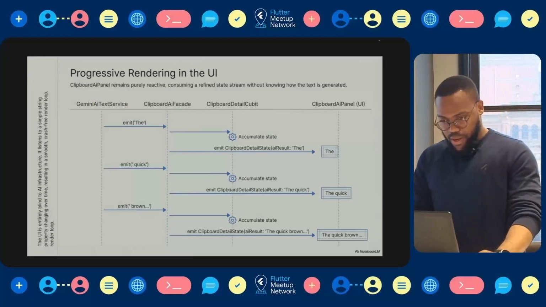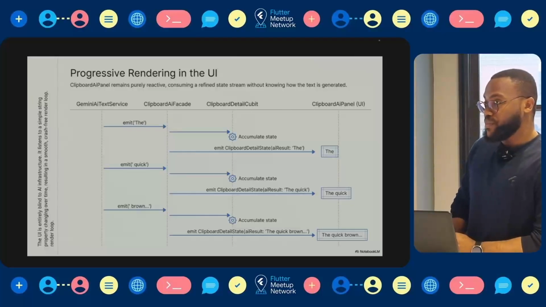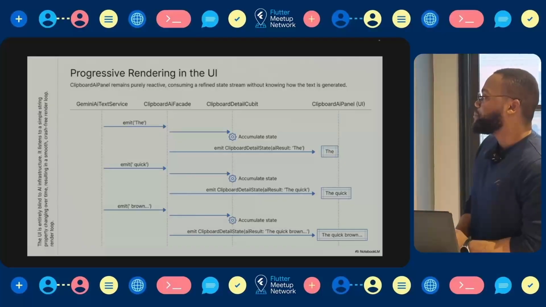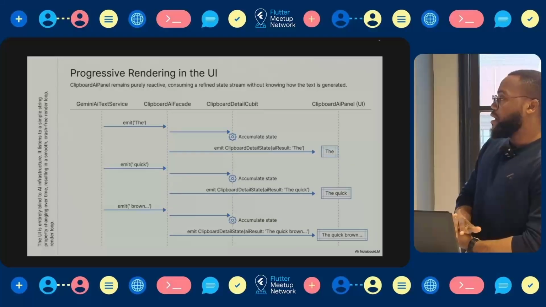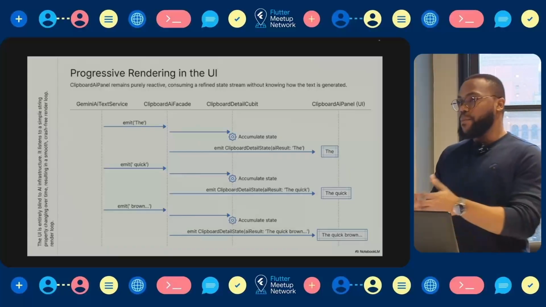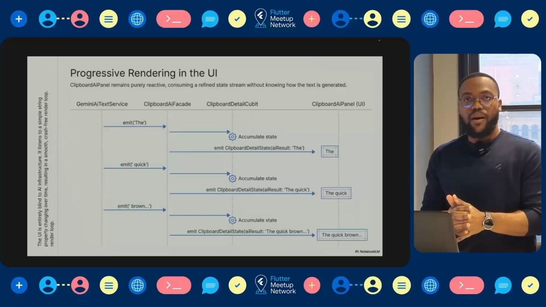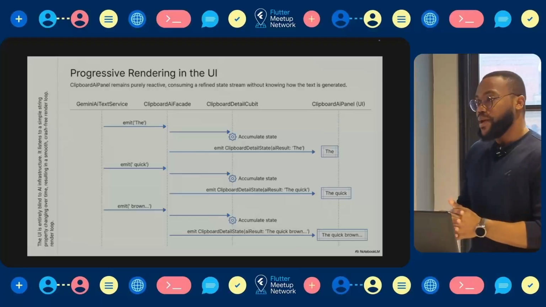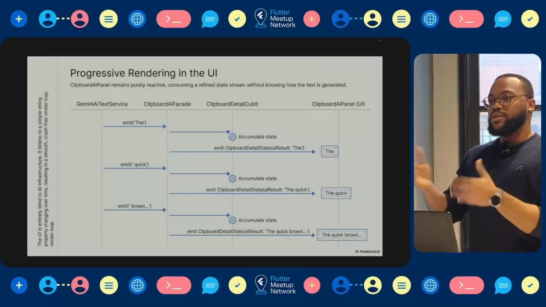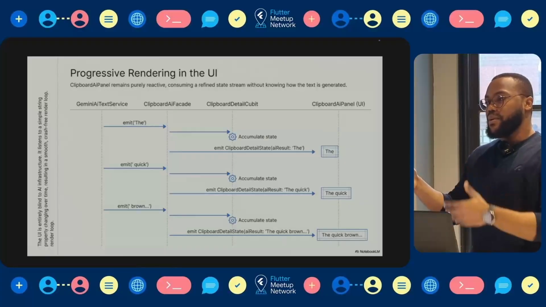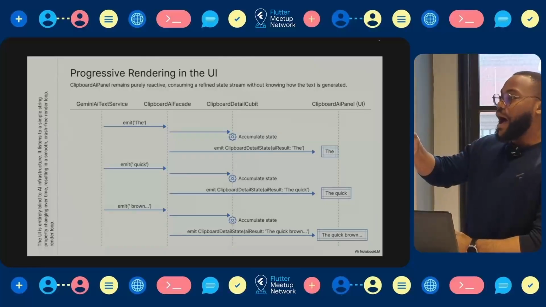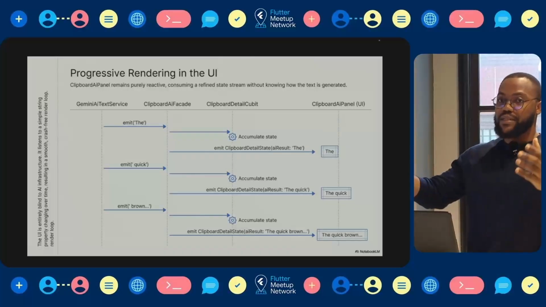So why do we need a stream? We need a stream because, as I've said before, the response coming from the LLM is not a simple response. So we cannot await that. Technically, we can await that, but it will block the user interface.